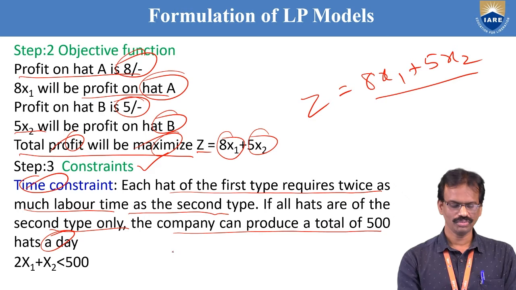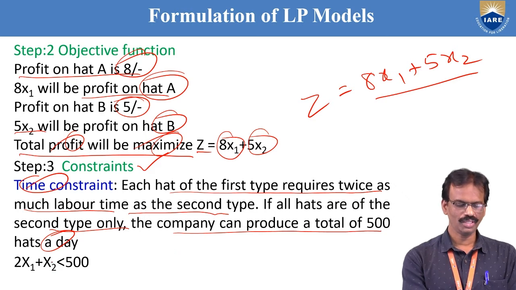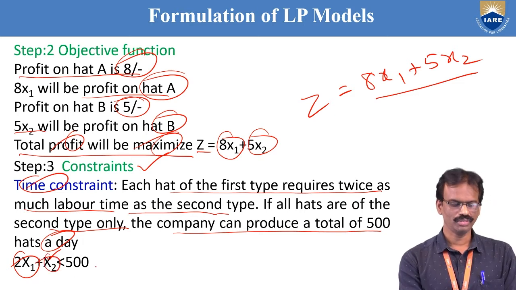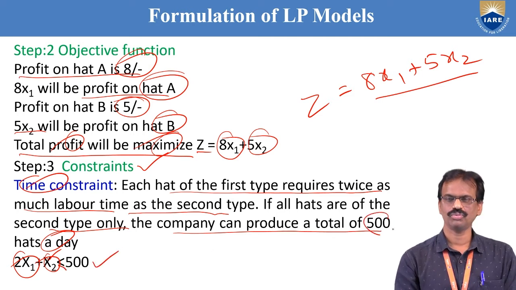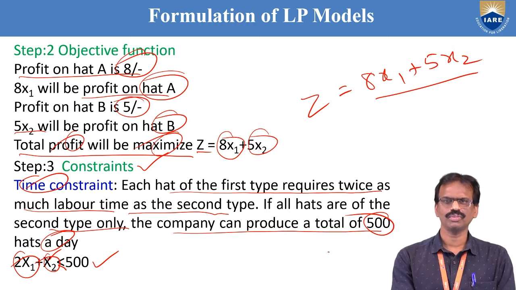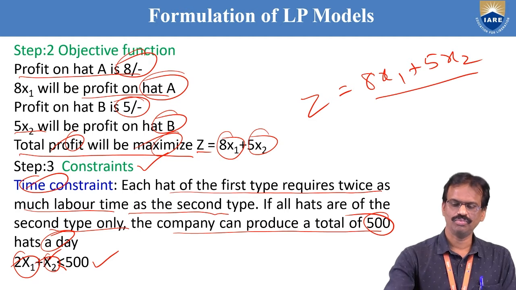To produce type A takes double the time, so 2x1, and this is x2. So the total time is less than or equal to 500 as per this condition. This is constraint one.